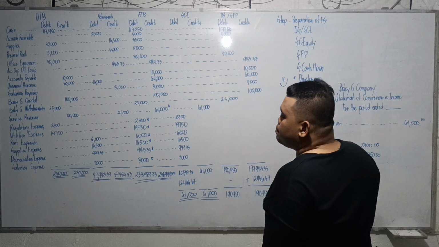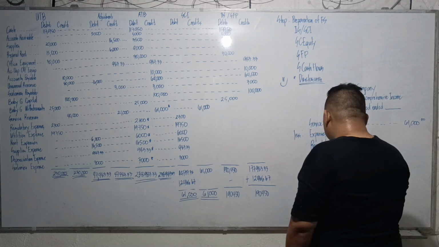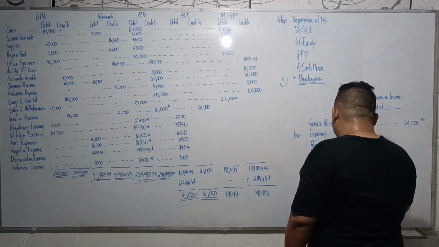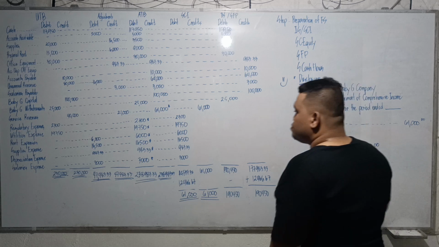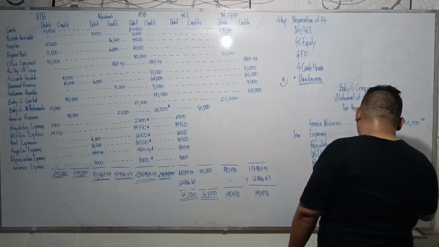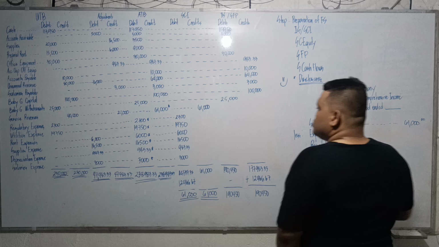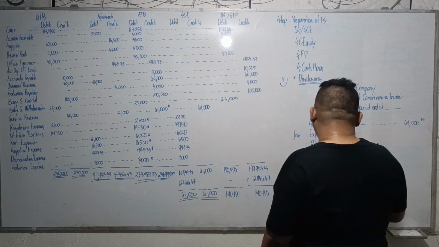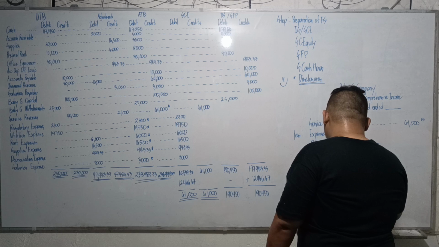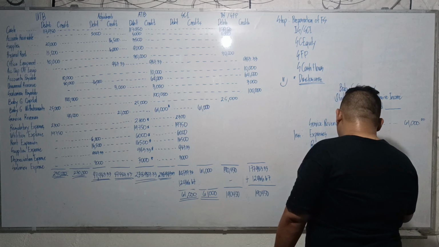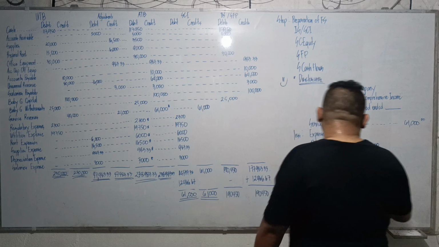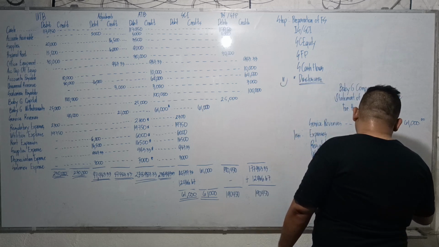And we have rent expenses, which is 6,000. So that's the 6,000. And we have the supplies expenses. Supplies expenses is 16,500.